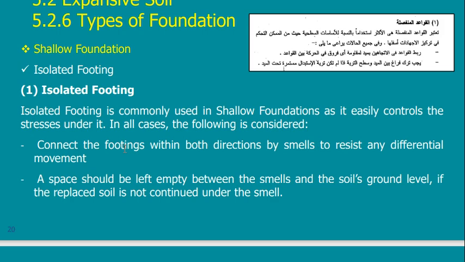Maybe it would expand a lot below one column and a little bit below the other. So I have to connect these columns with very rigid tie beams or ground beams, so that in case of differential settlement they would work to help not to affect the superstructure.